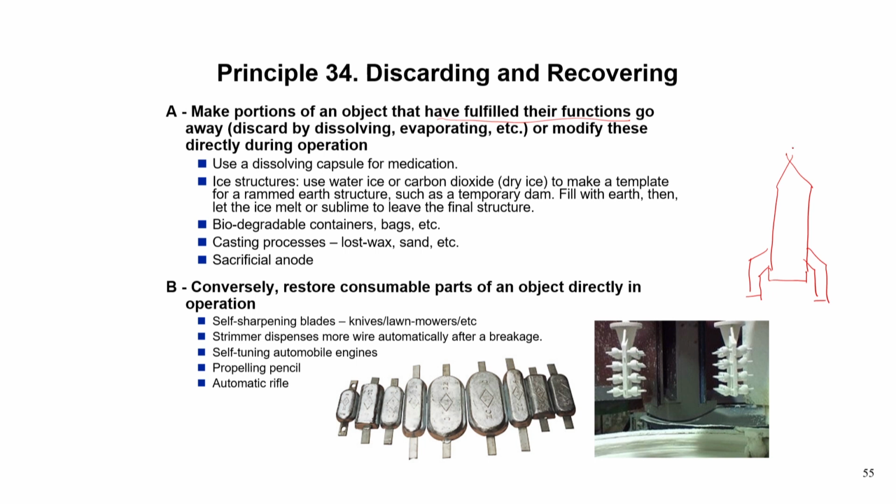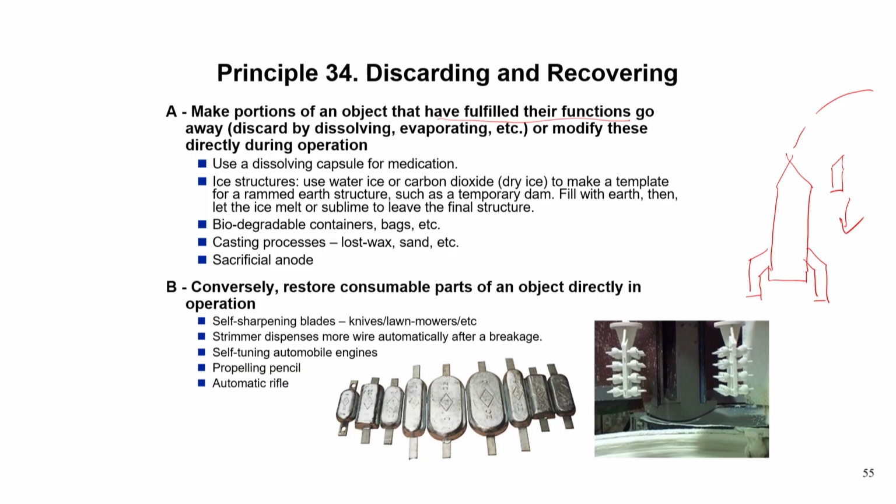Once the rocket reaches a certain trajectory, these are dropped down, they come down, and then you recover them and use them again. So, discarding and recovering saves a lot of cost. The casting process, the lost wax process, is another very good example, as is the sacrificial anode for pollution control.